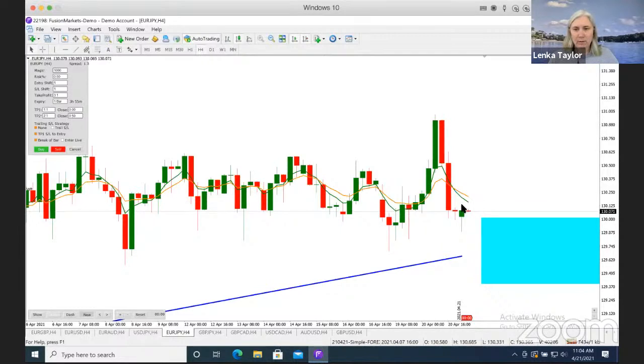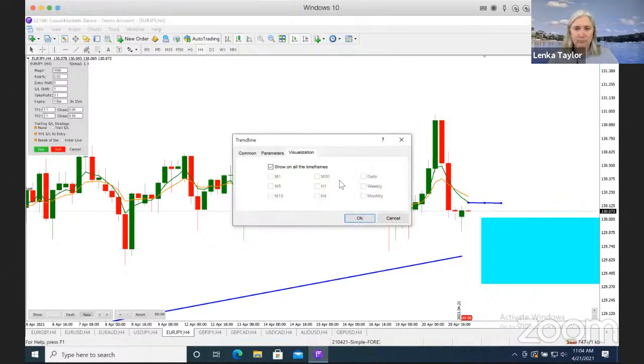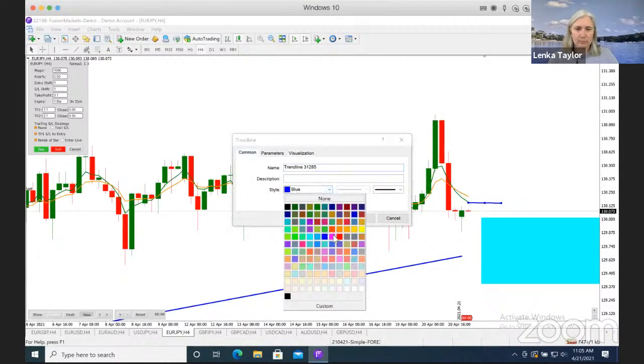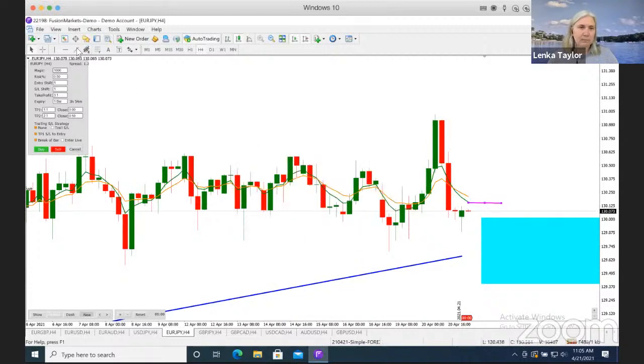Shift 1 for the entry just above that bar. So entry about there. And the stop loss, maybe give it a bit more room. So we'll do about there.